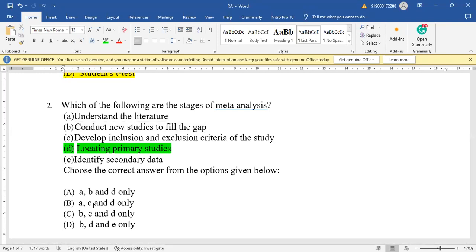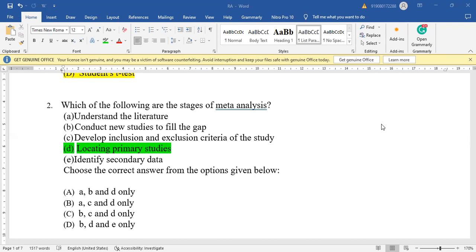Understand the literature. Is it a stage of meta-analysis? Of course, yes. Every research, we need to understand. So option A can be ruled out. Develop inclusion exclusion criteria for the study. Yes or no? Is it a stage in the meta-analysis?